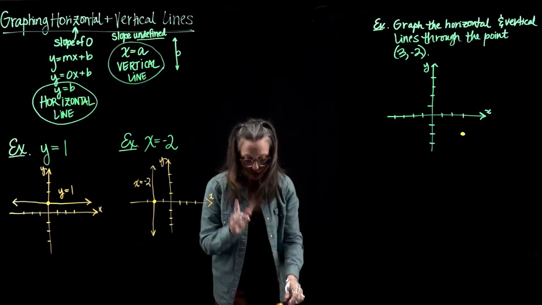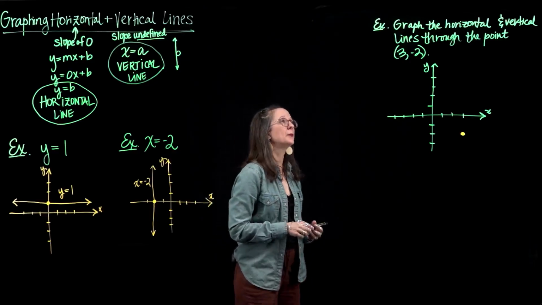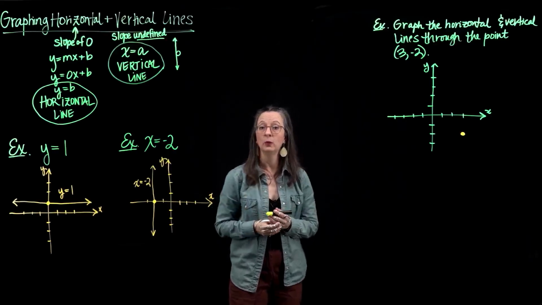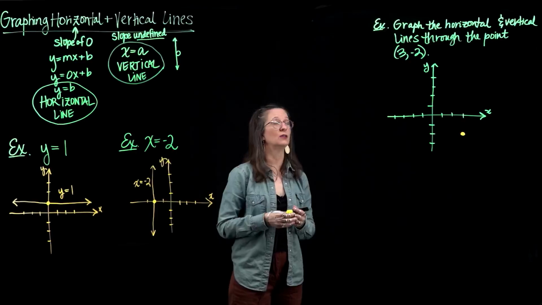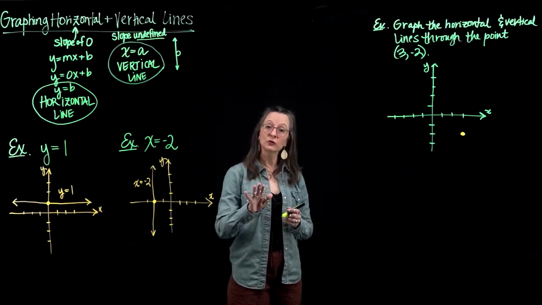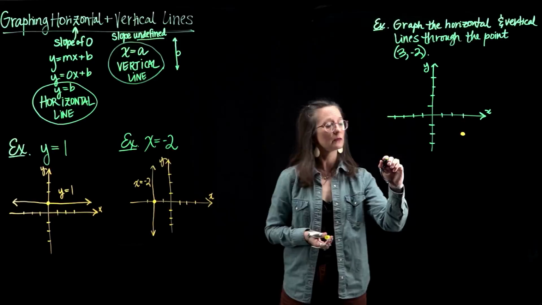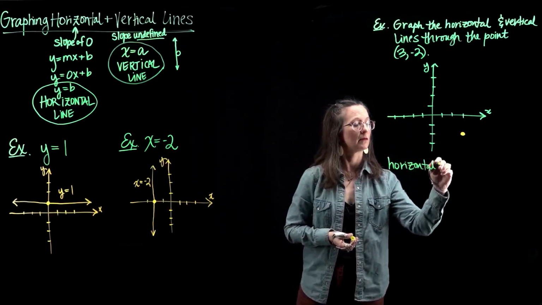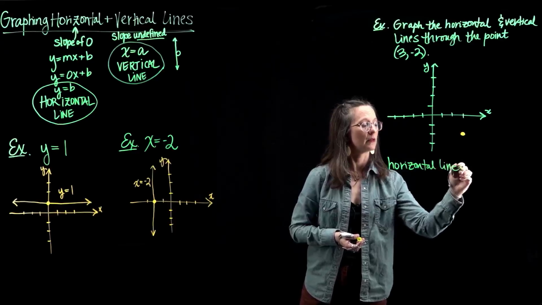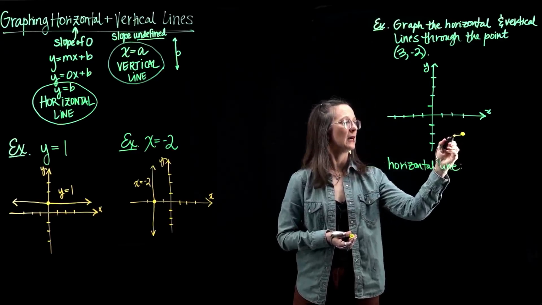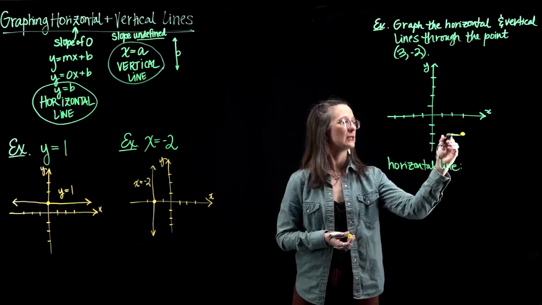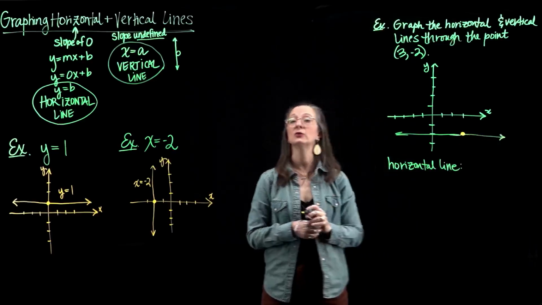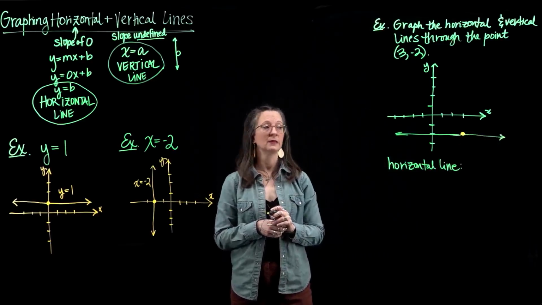All right, so we're being asked for 2 separate things: the horizontal line through that point and the vertical line through that point. Let's take them separately. For the horizontal, if I were to graph that line, I would just extend from that point directly left and directly right.